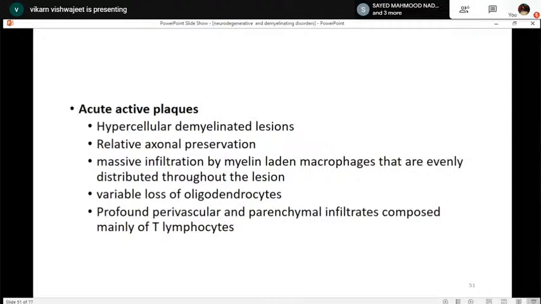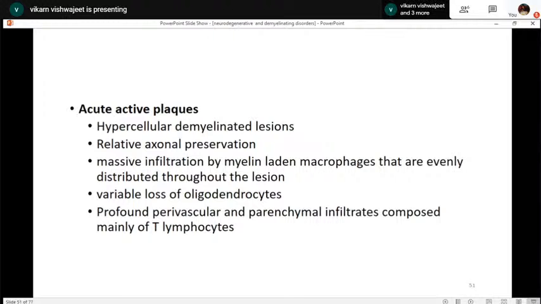There is massive infiltration by myelin-laden macrophages that are evenly distributed throughout the lesion. Also, there is variable loss of oligodendrocytes, and there is profound perivascular and parenchymal infiltrate composed mainly of T cells. In addition, there can be reactive astrocytes as well.